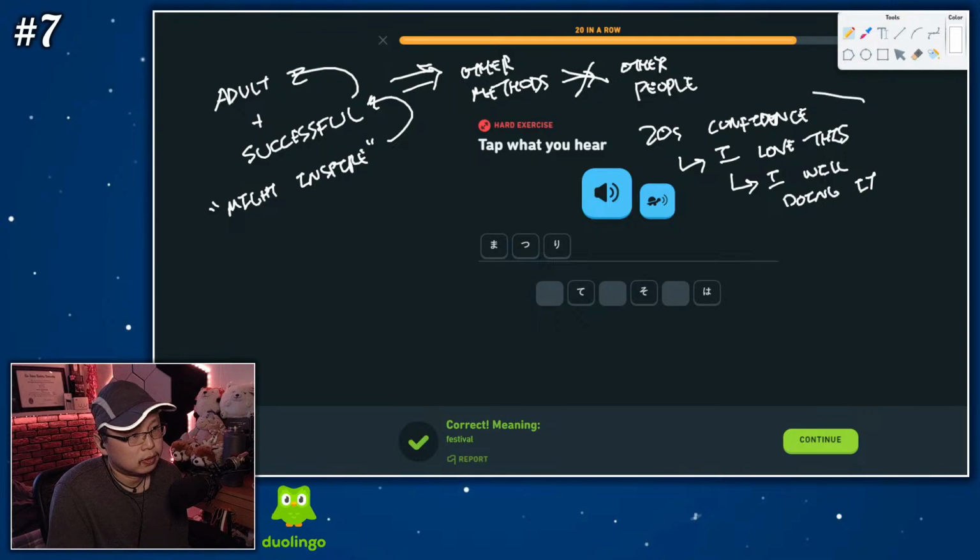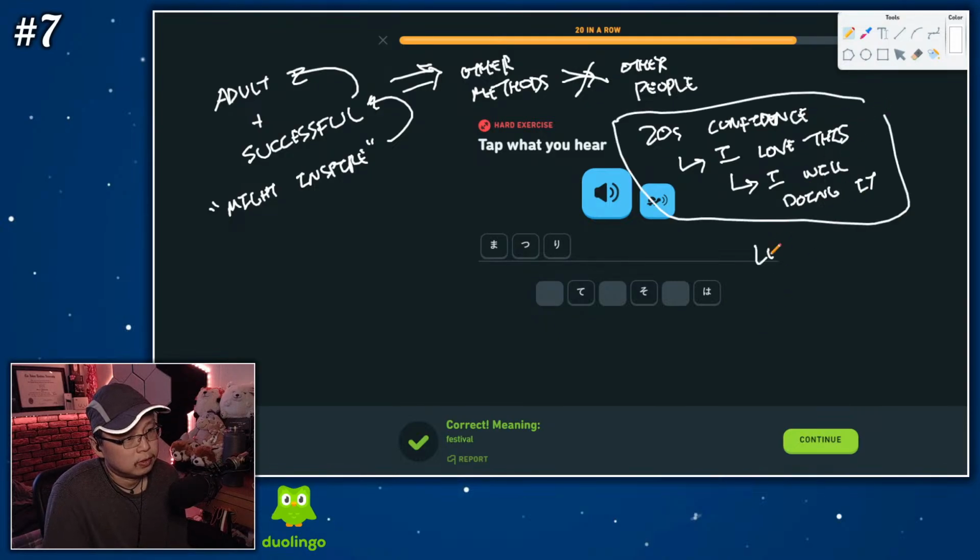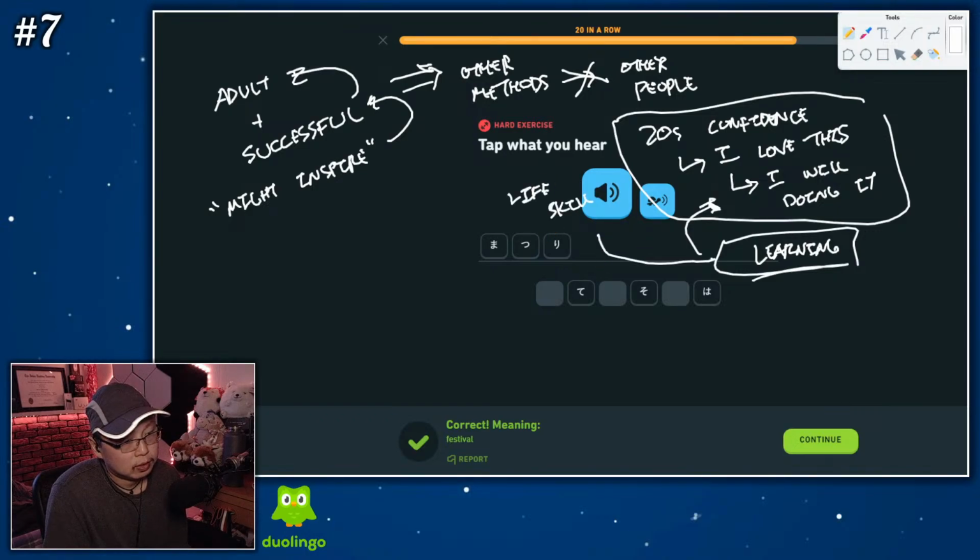And that's one of the components of learning that I feel the internet does not provide. This is a giant component of learning. This thing I'm describing is a life skill: to be able to do something and learn something with confidence that's not dependent on other people.